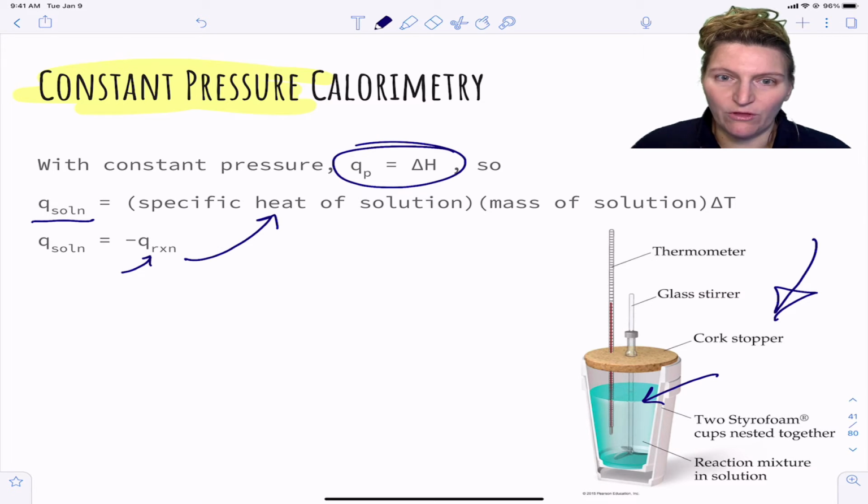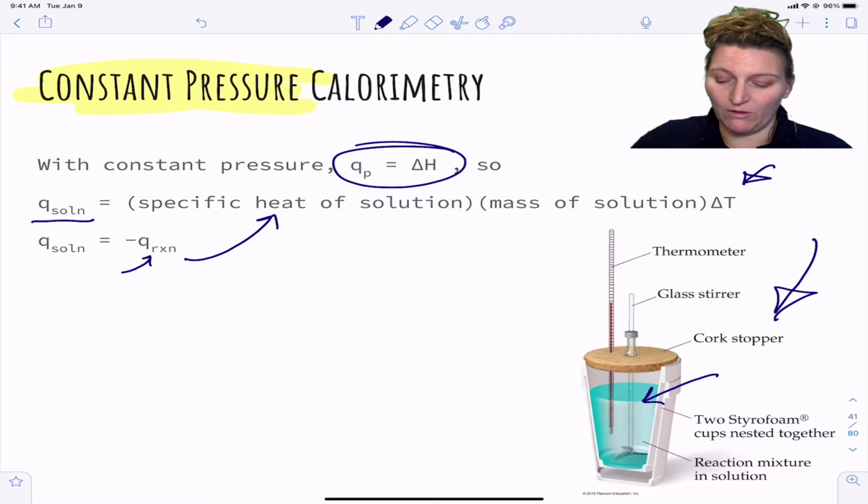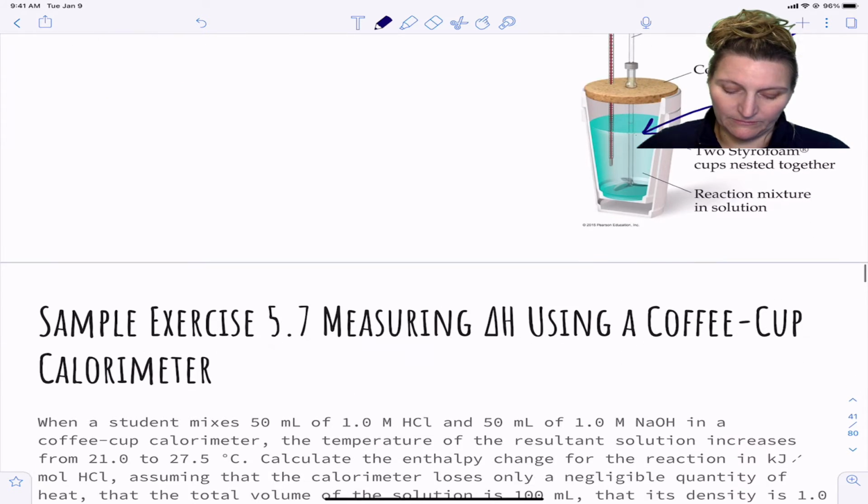So let's say it's an exothermic reaction. Then the delta T would be positive because the temperature would go up. We would multiply that by the mass of the solution and the specific heat of the solution, and then we would get a Q of the solution. It would be some number of kilojoules and be positive. Well, that means the reaction must have given up, so negative, must have released that exact same number of kilojoules.